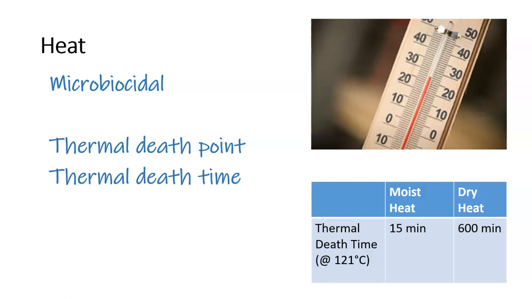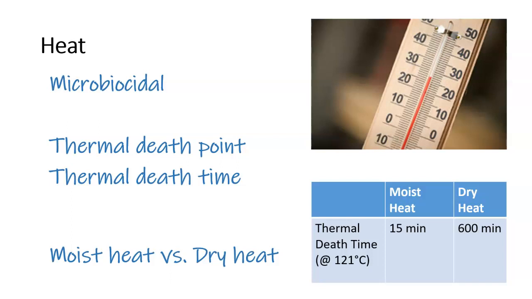Heat is a form of energy. Moist heat is transferred from hot water or steam. Dry heat is transferred from the air. Water is more efficient at transferring this energy than air is. To underscore this point, the thermal death time for moist heat at 121 degrees Celsius is 15 minutes.